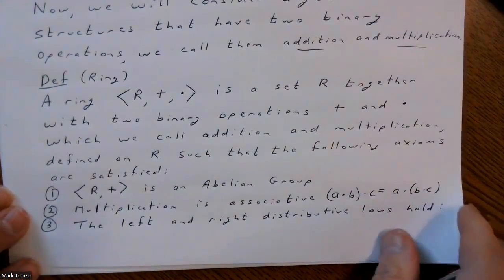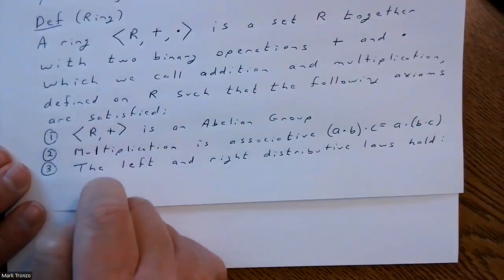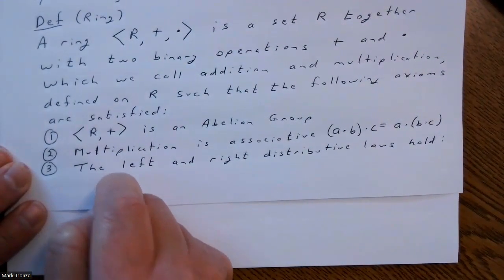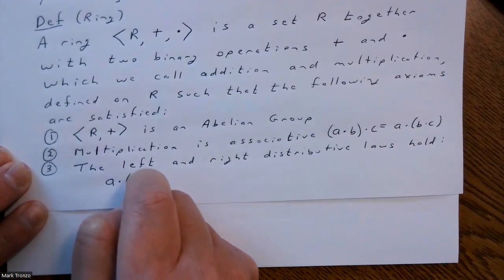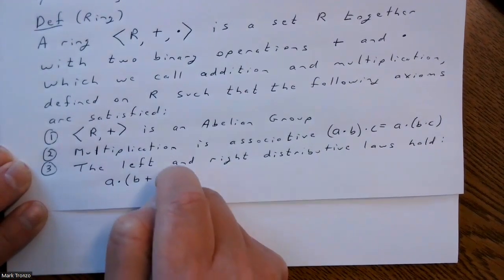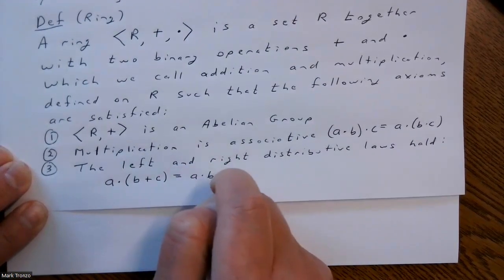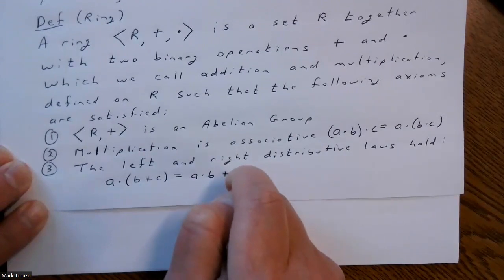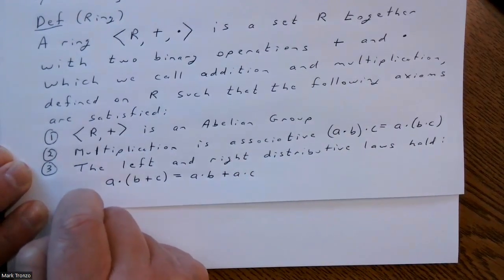That would mean that where you have both operations, just like the distributive laws that you had way back when, you can distribute with your second binary operation.